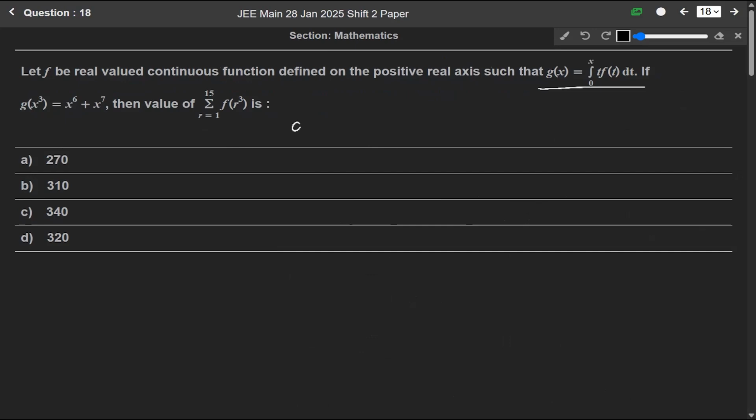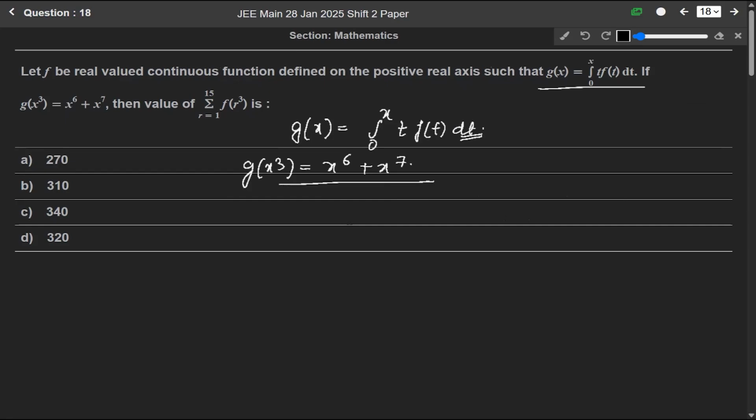So we are given g(x) equals the integral from 0 to x of t f(t) dt, and this g(x cube) is given as x^6 plus x^7.